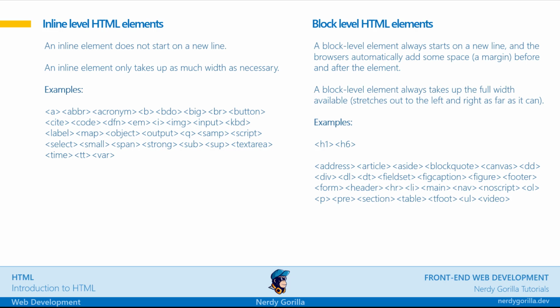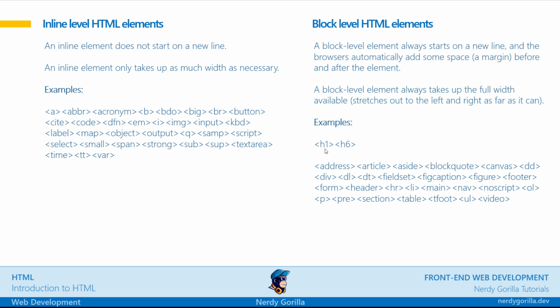Now we'll talk about block level elements. A block level element starts on a new line, and the browser automatically adds some space like a margin before and after the element. A block level element always takes up the full width available. It stretches out to the left and right as far as it can to fill the spacing.